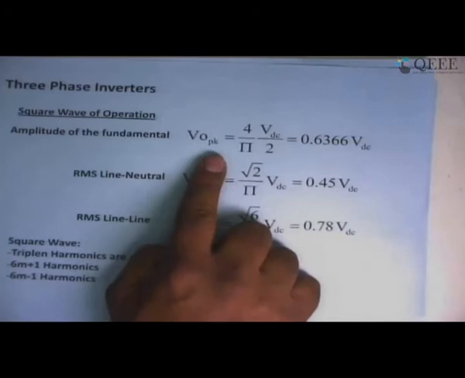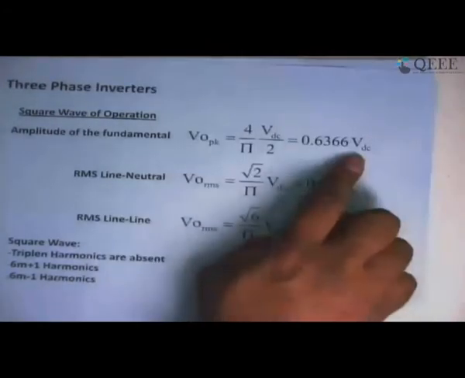So definitely, if you go for sine triangle modulation, we get a lot of benefit in terms of fundamental voltage, the quality of output current, and the torque. But what price do we have to pay for that? If we go for square wave mode, the peak output AC voltage will have a magnitude of 0.6366 VDC.